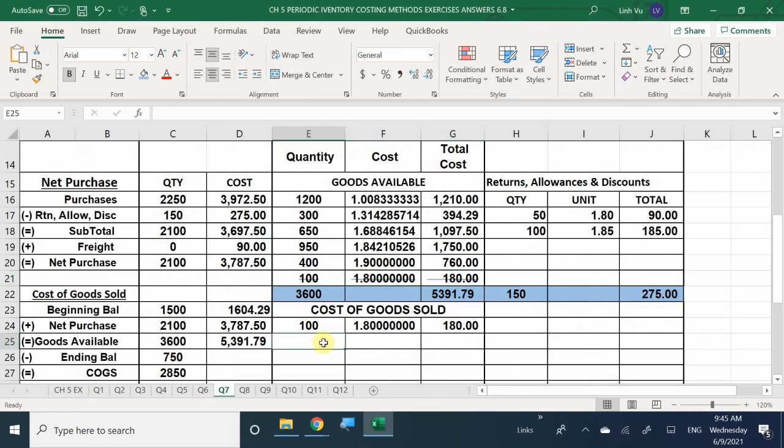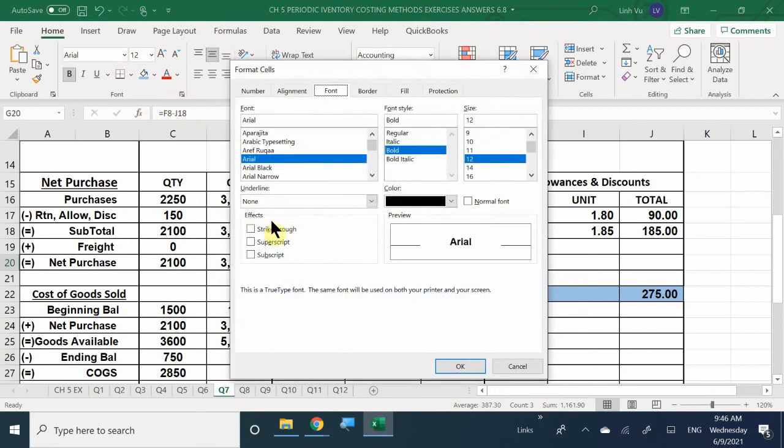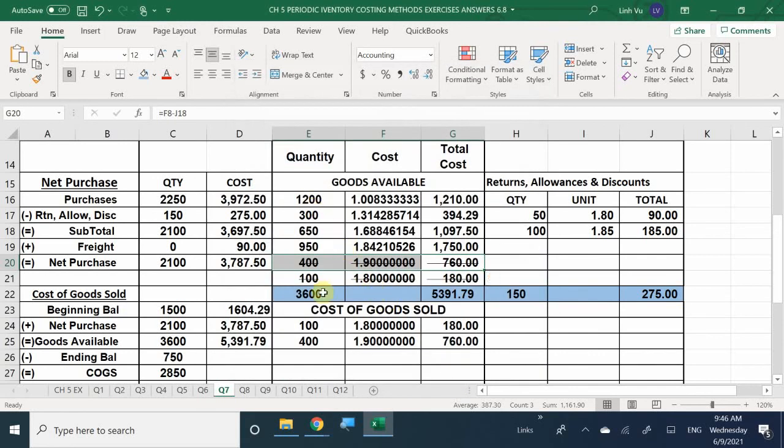Good. Which batch am I going to take out next? 400. We're going to take out the whole batch of 400 at $1.90, which we know without having to calculate it is going to cost me a total of $760. Then I will cross that out.